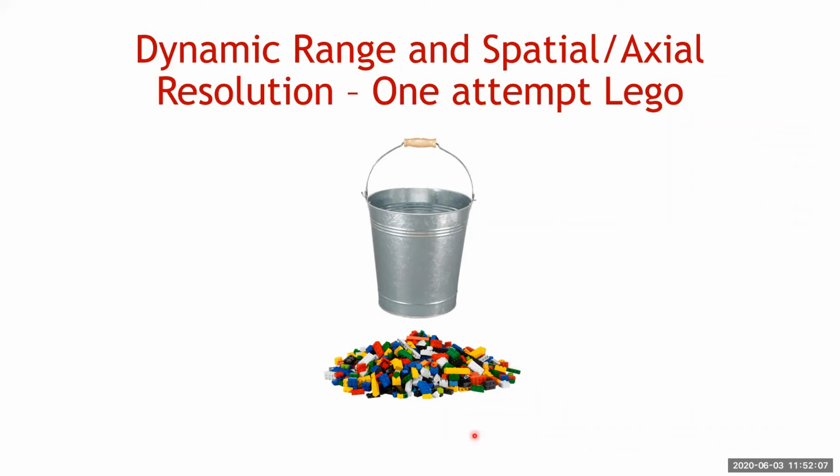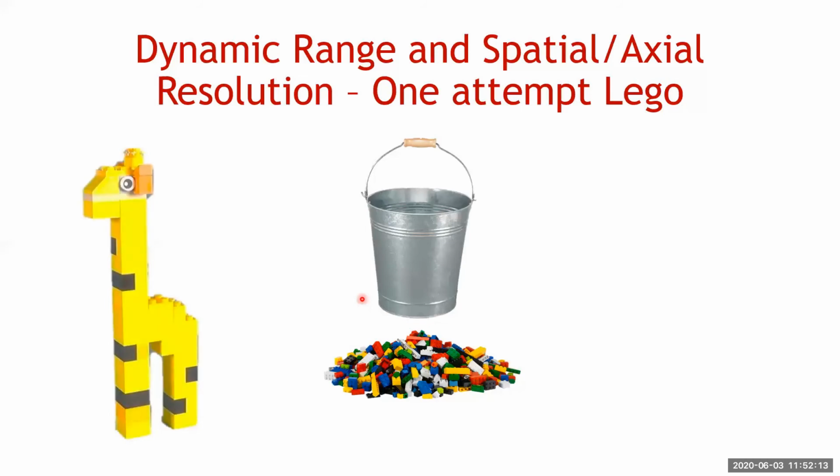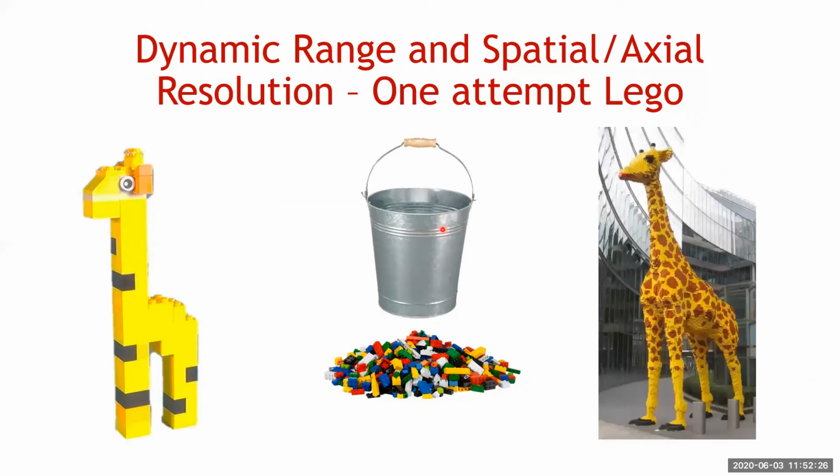If you're in a rush, you just grab a handful, throw it into the bucket, and move on. And what you end up with is a pathetic thing like that. So it is a giraffe in all manner of speaking, but you obviously could have done a little bit better. If you took the time to fill that bucket, then you have a much nicer giraffe.